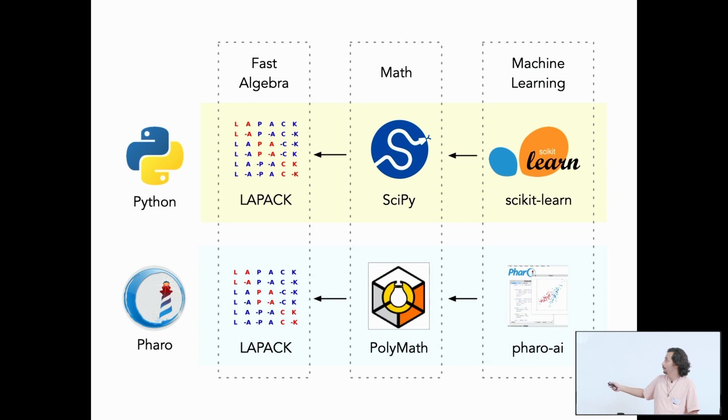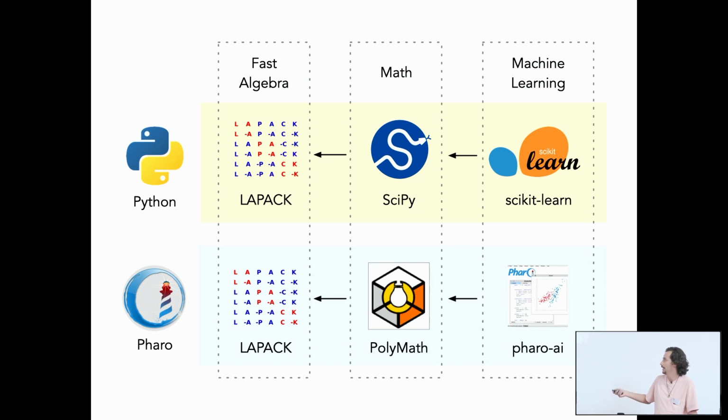So we want to show a proof of concept that in PharoAI we can have a similar workflow using Polymath, using LAPACK, and using Pharo. This is not the current state of what we did. We went directly from PharoAI to LAPACK, but the next work is, instead of going from PharoAI to LAPACK, to use Polymath and speed it up.